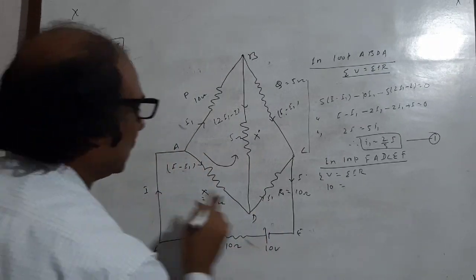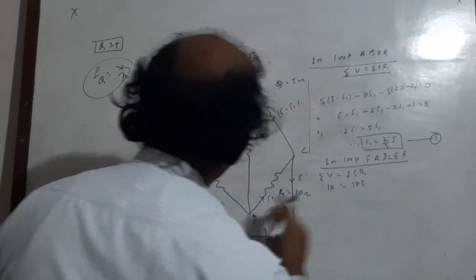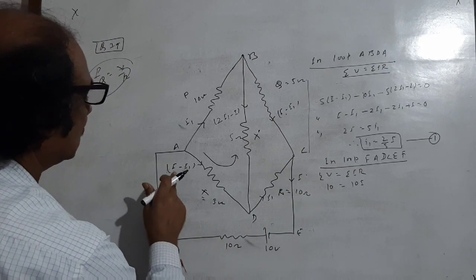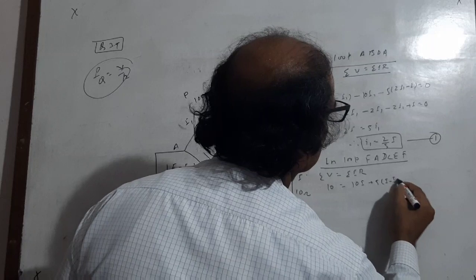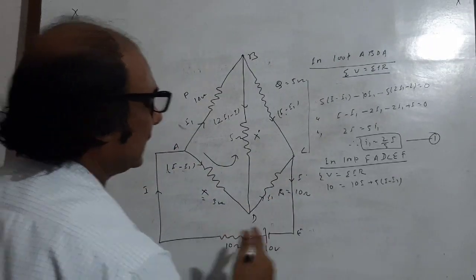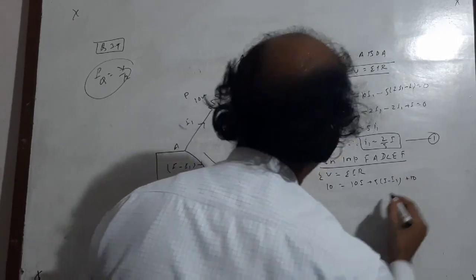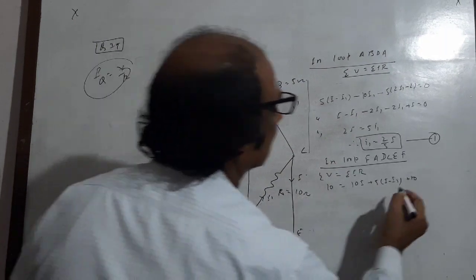IR means 10 into I, and the current in the same direction, so I minus I1, 5 into I minus I1, and here plus 10 I1.